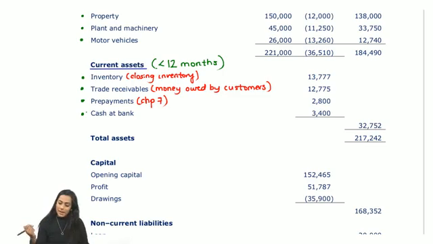So that's cash at bank. So your total current assets is 32752, and your total non-current assets is 184490, and your total assets come up to 217242. So that's your assets done.